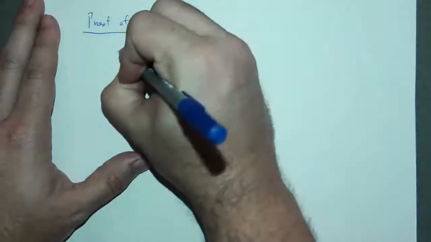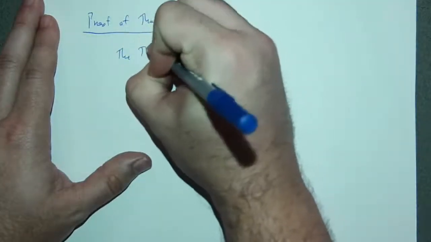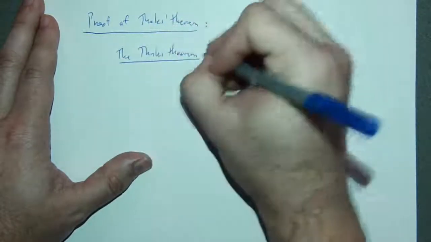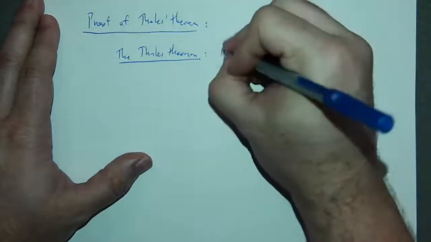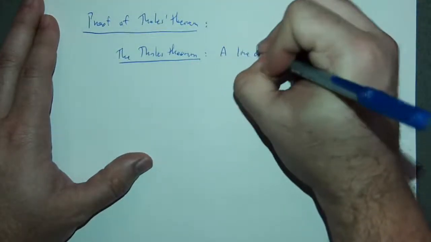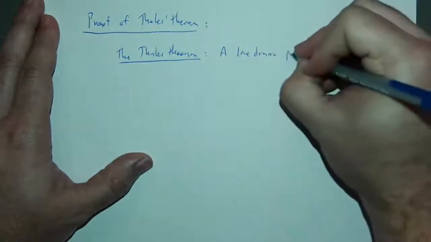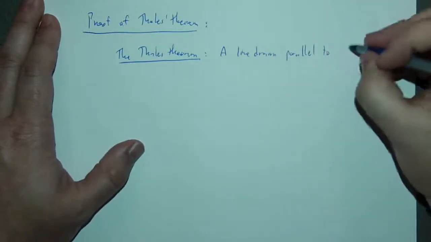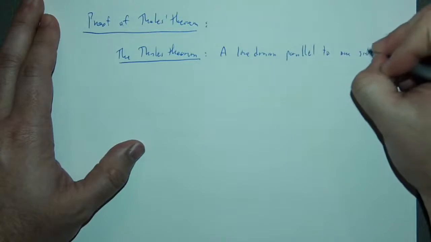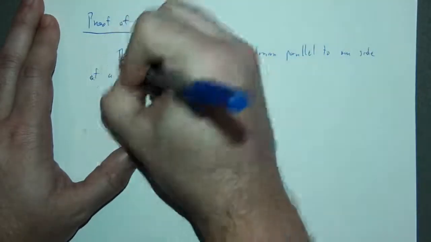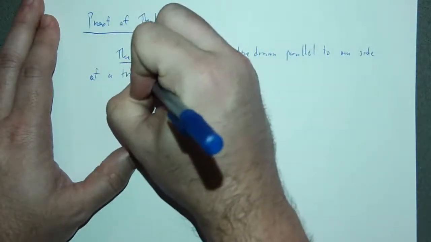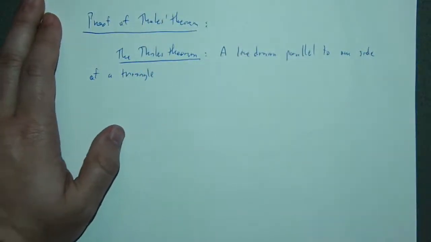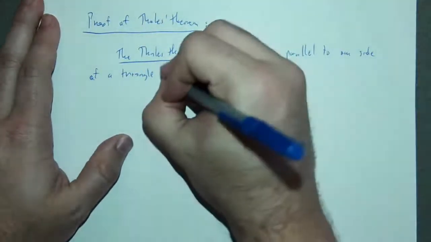So the Thales theorem, which is a line drawn parallel to one side of a triangle cuts the other two sides proportionally.